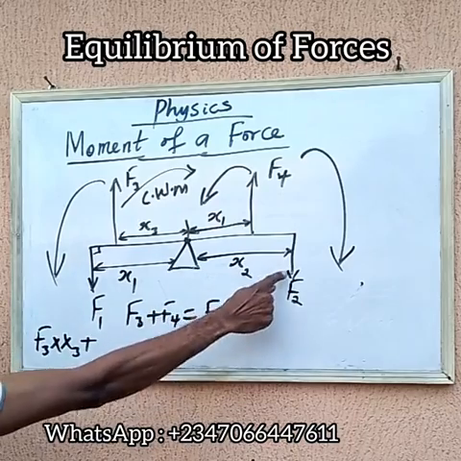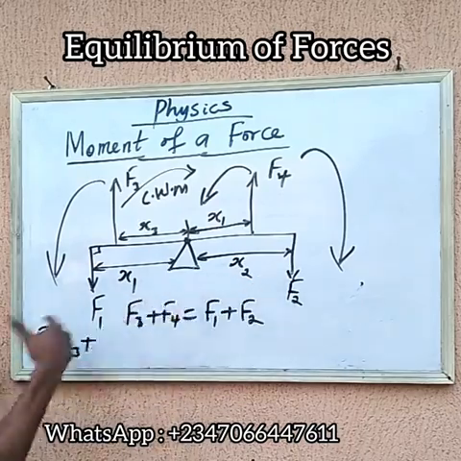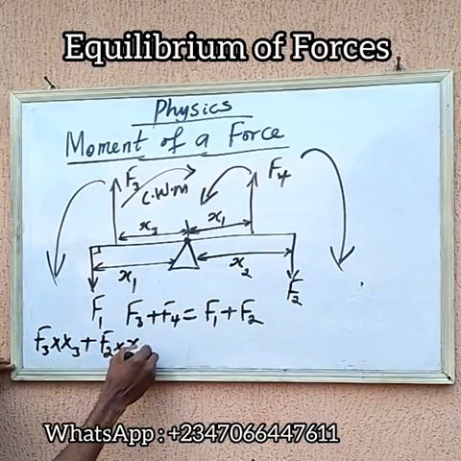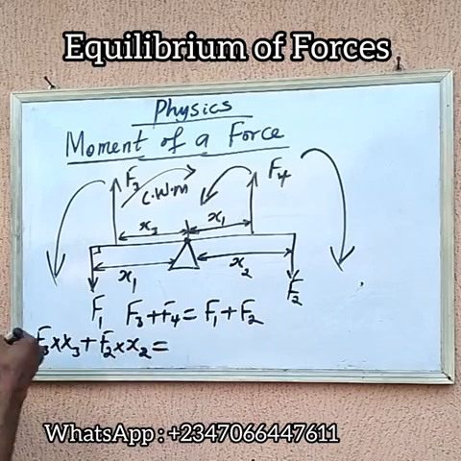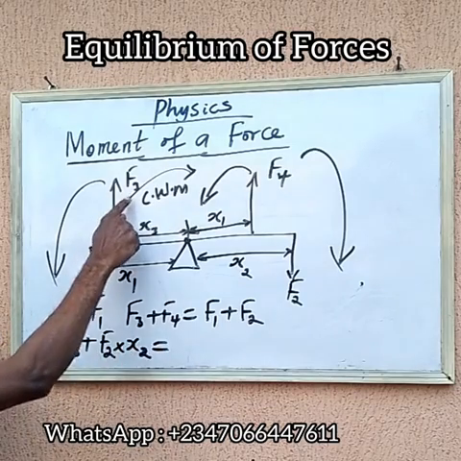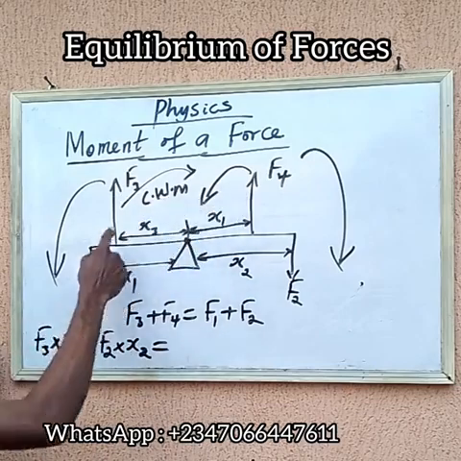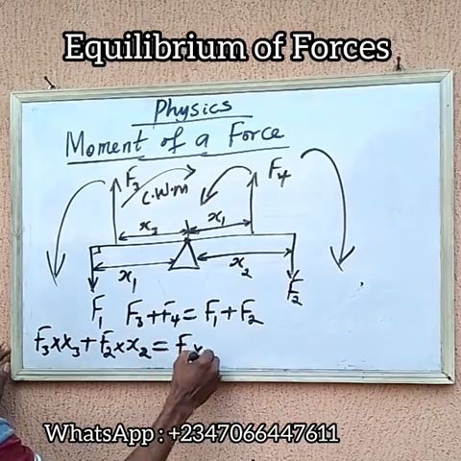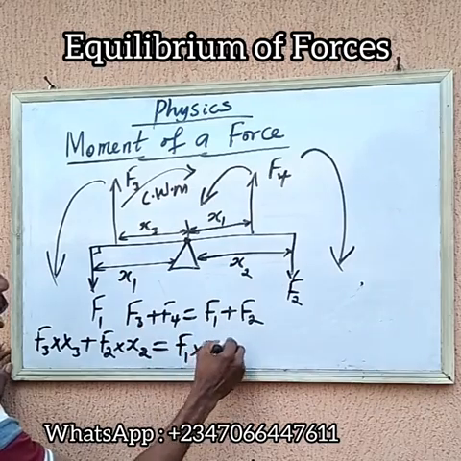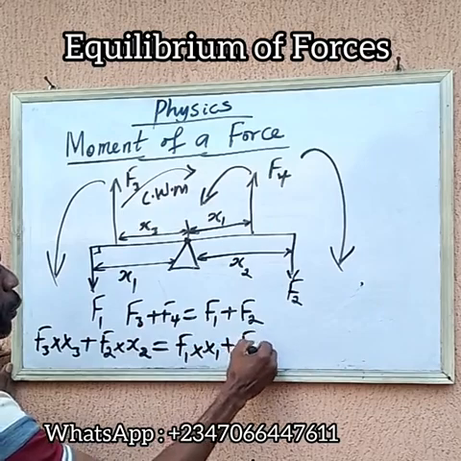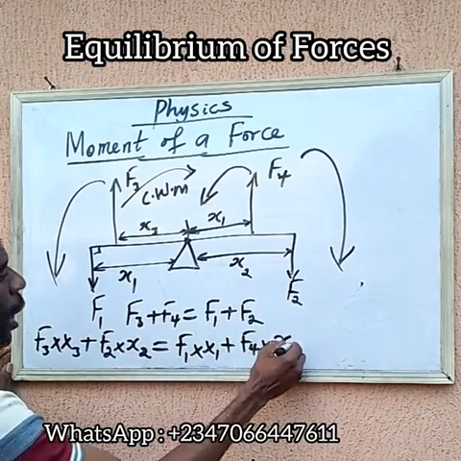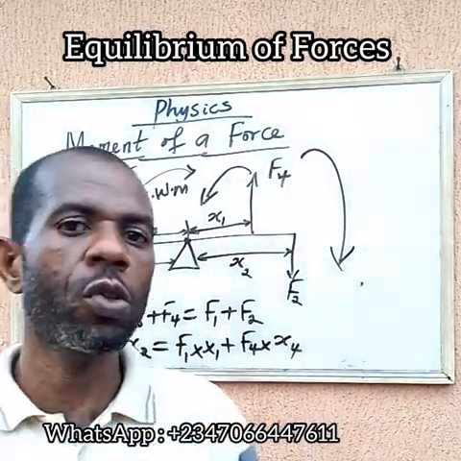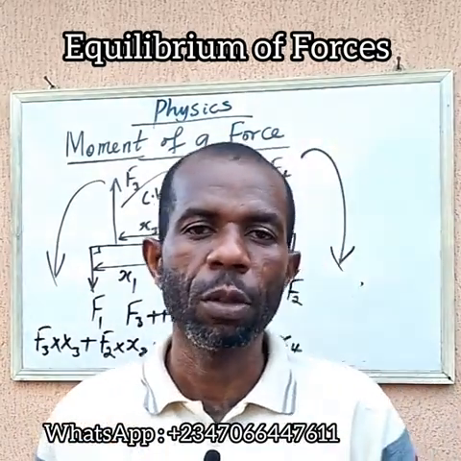Look at F2 coming this way. So plus F2 times X2 equal to the anti-clockwise moments, which are F4 and F1. See that? We have F1 times X1 plus F4 times X4. So this is what we are talking about, the principle of moments.